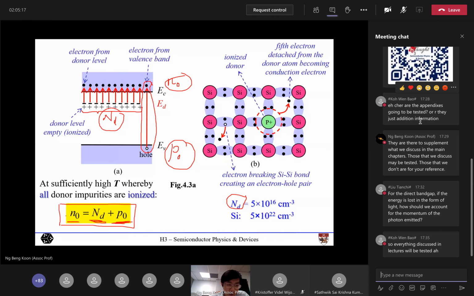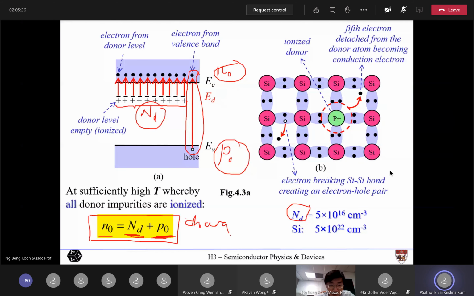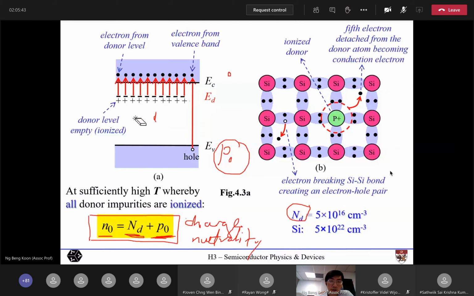We call this the charge neutrality equation. Charge neutrality, because if you look at it from the point of view of conservation of charge, you can also get this equation. The total number of negative charges, which are just the electrons, N naught, must be equal to the total number of positive charges.